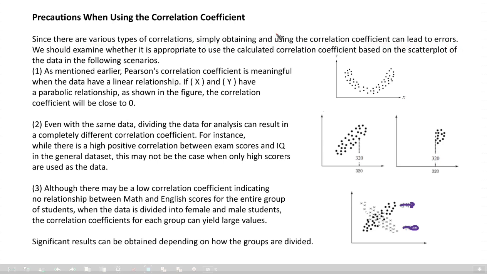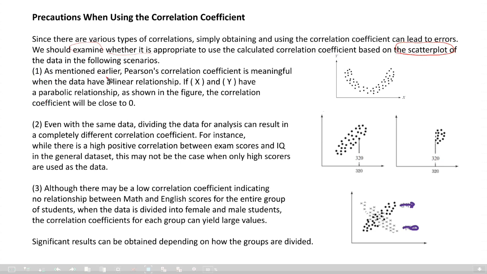If you have some result from the computer, a correlation coefficient, you should examine the following precautions. We should examine first whether it is appropriate to use the calculated correlation coefficient based on the scatter plot of data. So it is important to see the scatter plot of data.